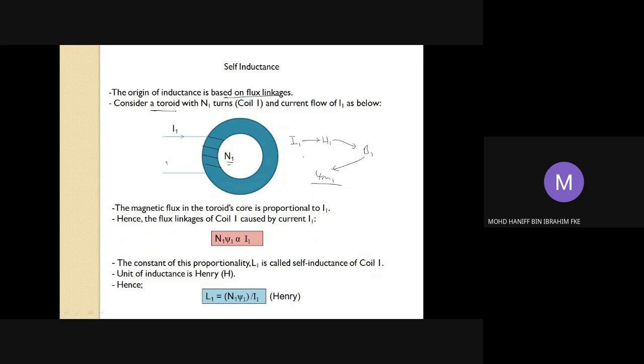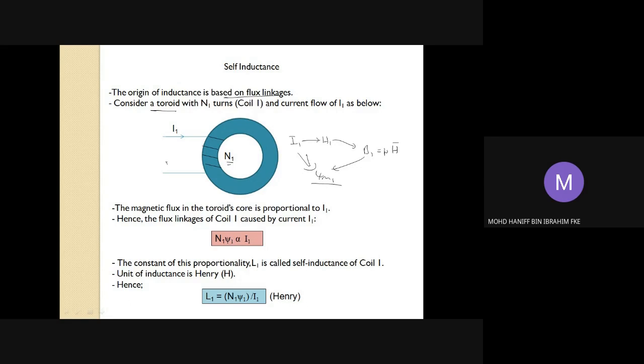This is indirectly produced by the current I1. Okay, so in this case, we can see that psi m is proportional to I, because we know that B equals mu H, and H is proportional to the current I. Based on this, we can have a general relationship between the flux produced and the current that produces it, in which the amount of flux will be proportional to the current I1.